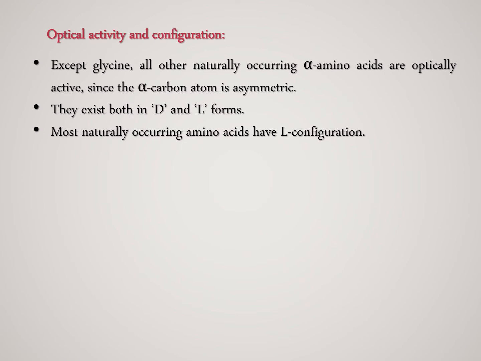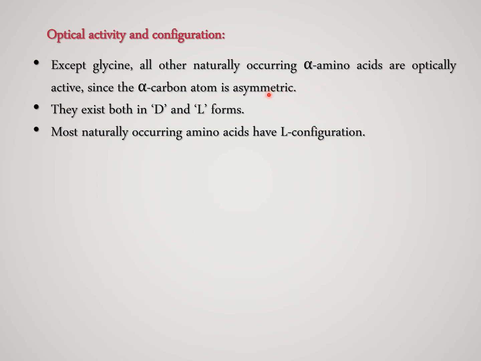Let us talk about the optical activity and configuration of amino acids. It is noticed that all amino acids are optically active except glycine. Now, why is an amino acid optically active?